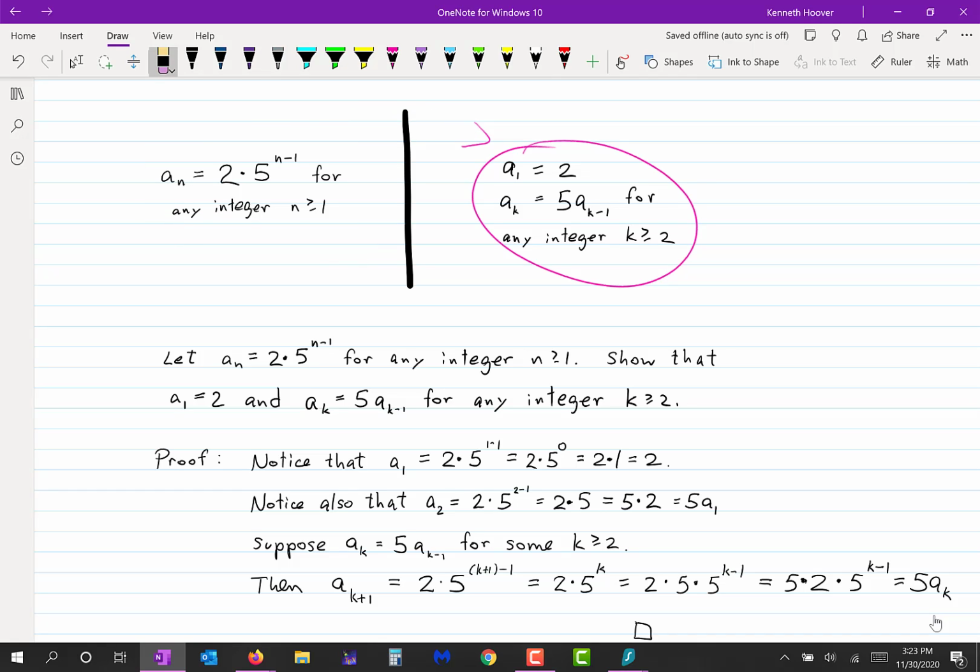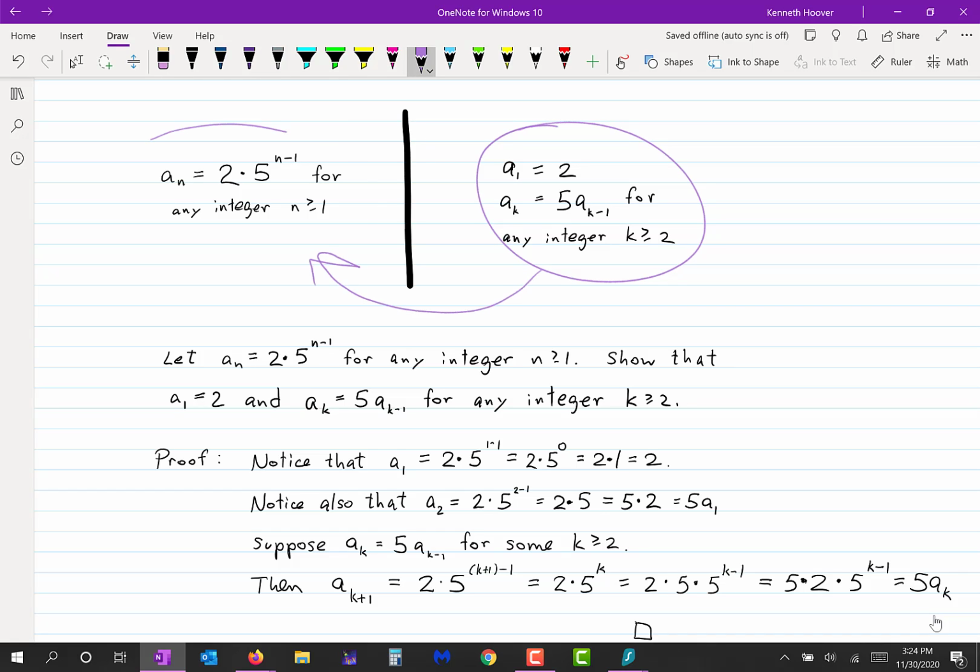What they did in the book was they proved that this is the same as this. So our premise and our conclusion were swapped, the way I've done it in this lecture and the way it is in the book.